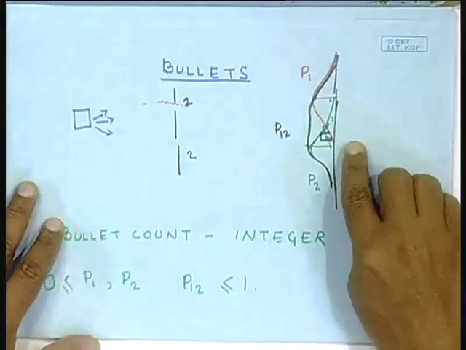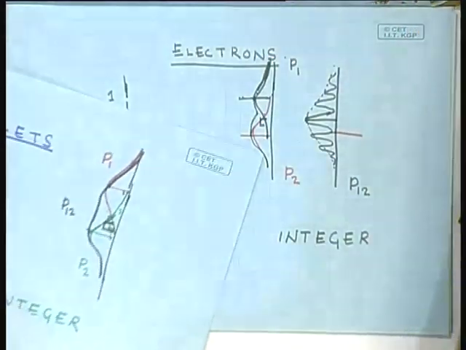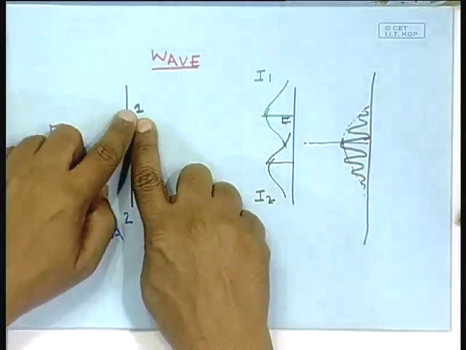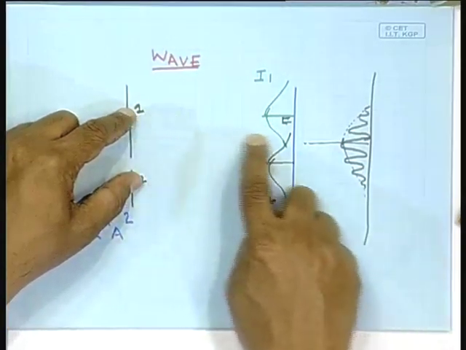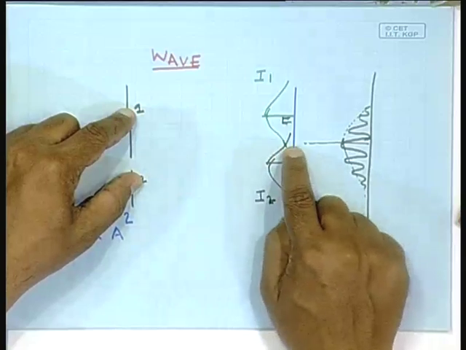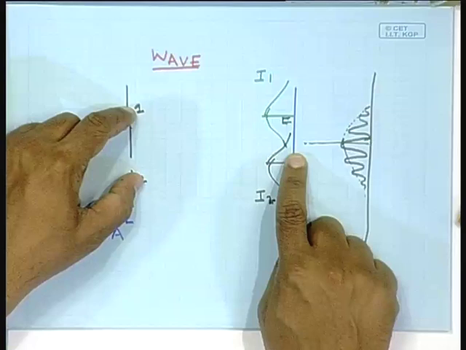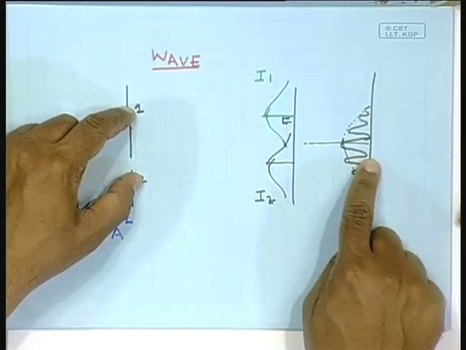Now, you must have realized by now that this is very similar to what happens when we have a wave incident on 2 slits. When I have a wave, not electrons, there are points where the 2 waves that come from the 2 slits are out of phase and they exactly cancel out and the intensity goes to 0.